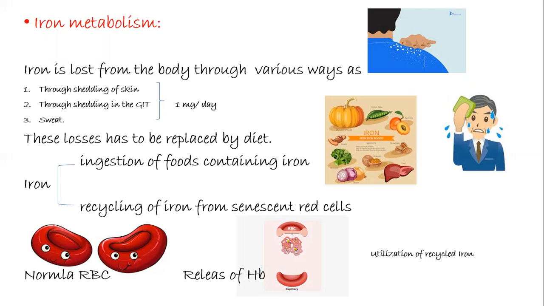During this period, the hemoglobin is also recycled and the iron from that hemoglobin is utilized by the cells for production of new hemoglobin molecules. So we can say that normal RBC releases hemoglobin and it is used for recycling of the iron.